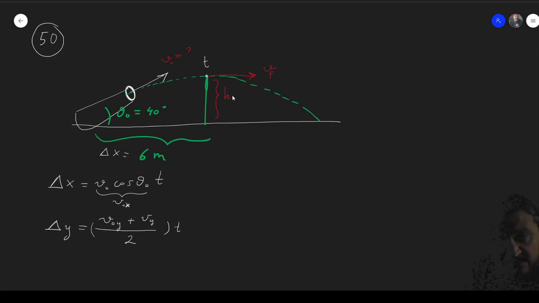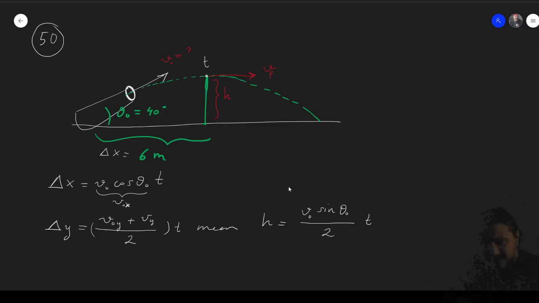When we're talking about h, when your delta y becomes h, vy becomes 0. So you are left with v naught y, which is v naught sine theta naught, divided by 2 times t.